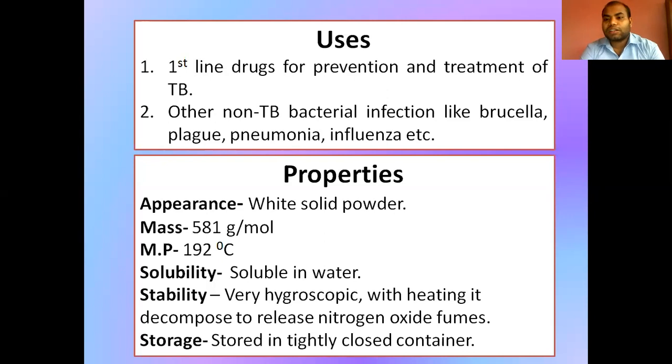As sugar moieties are very soluble in water, streptomycin is also very soluble in water, but due to the presence of sugar, it is also hygroscopic, and due to the presence of nitrogen, it can emit toxic fumes of nitrogen oxide. For this reason, we have to store it in a tightly closed container.